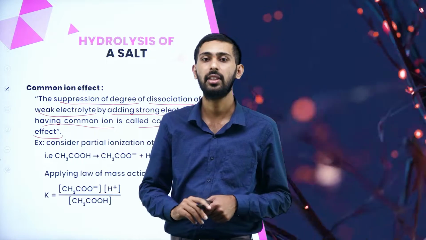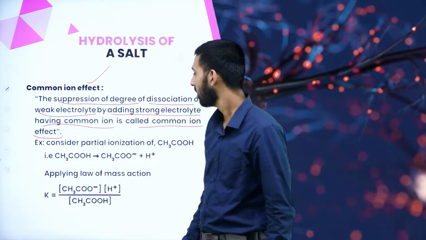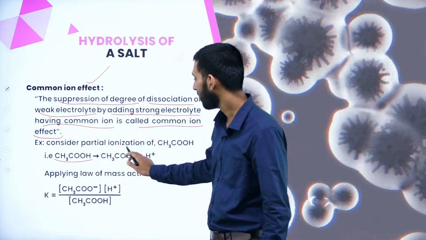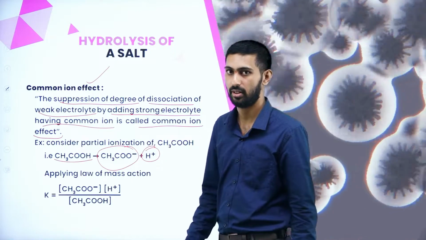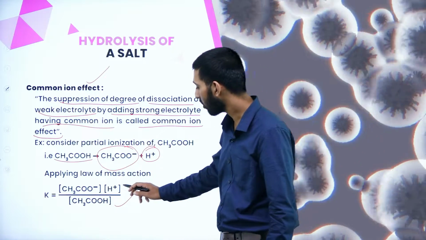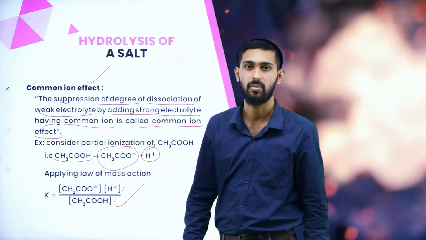Then we can say that it is a common ion effect. So CH3COOH gets dissociated to give CH3COO minus and H plus ions. Now let us take the law of mass action for that: dissociated ions divided by undissociated molecules.